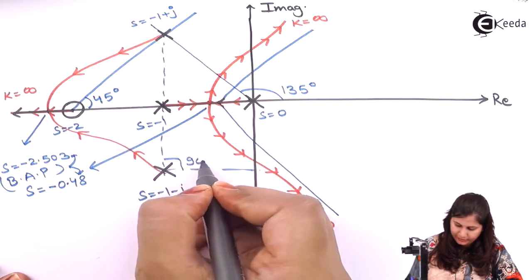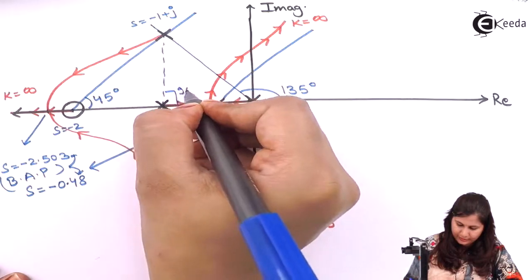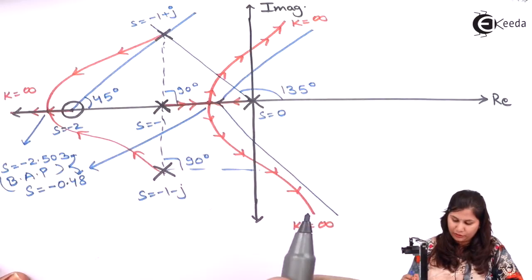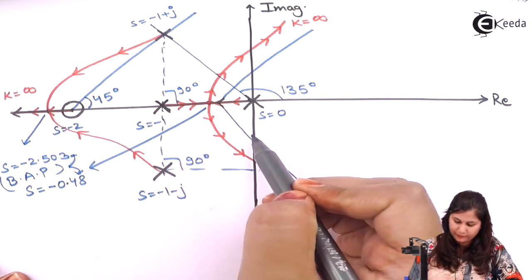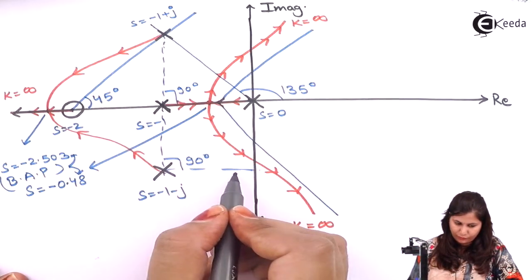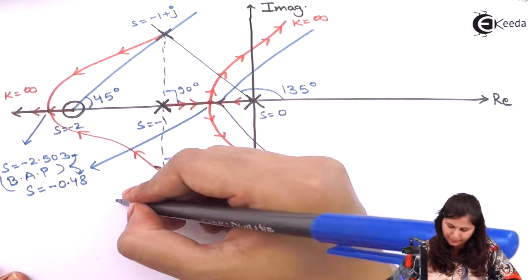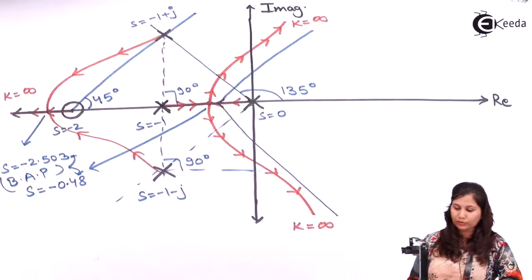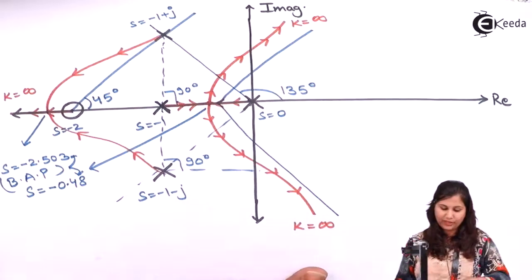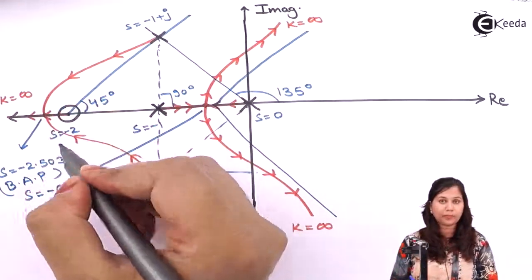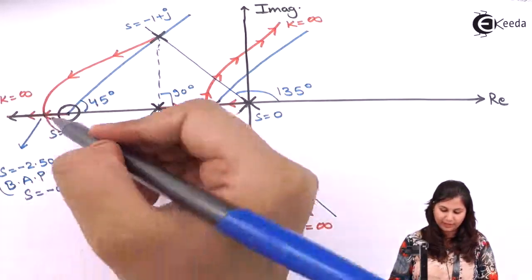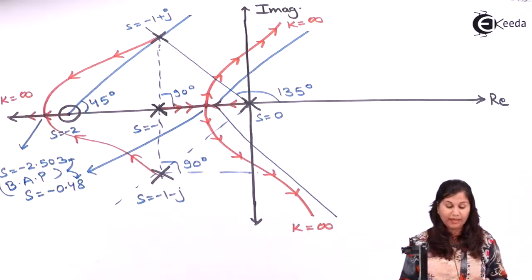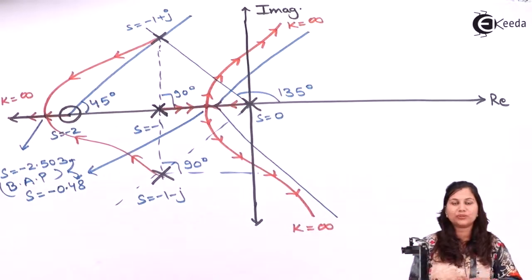This was 90, 90 and 135 and 45 degrees. So we have 1, 2, 3 and this is our fourth asymptote. They are meeting here. So in this root locus sketch, we have marked all the points, the breakaway points, the asymptotes and the direction of the root locus. I hope this problem is clear to you. Thank you.